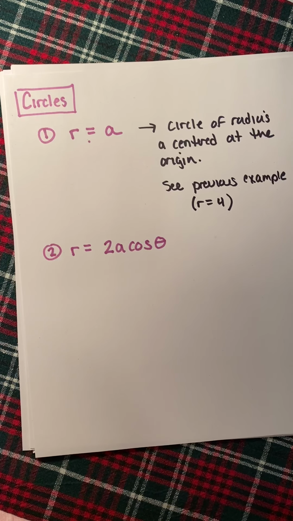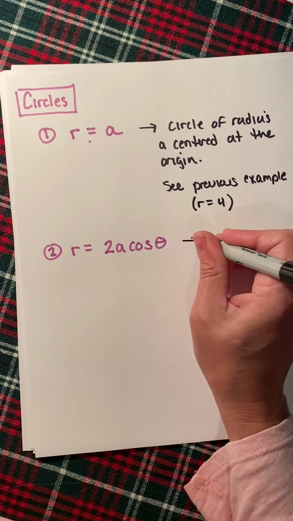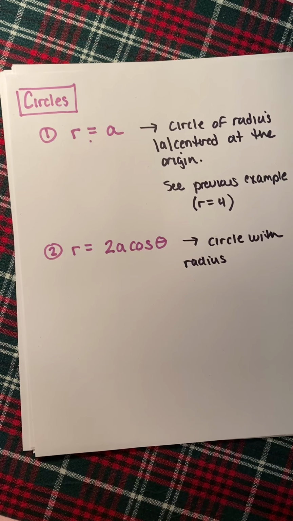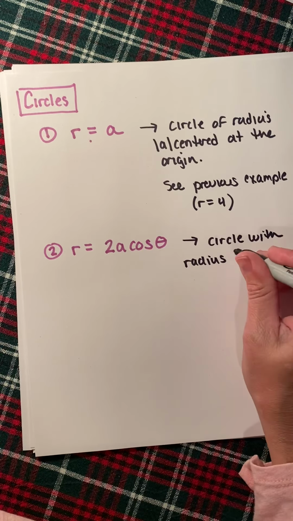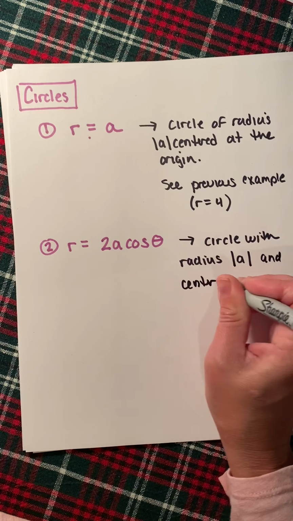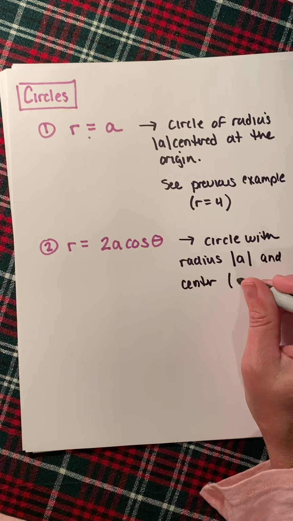If we have r equals 2a cosine theta, we actually did one of these. This is also a circle. Circle with radius, I should say radius absolute value of a, because when we talk about the radius of a circle, we always talk about the radius being positive. So this is going to be a circle with radius absolute value of a, even though there is the 2 there. And the center is going to be whatever the value of a is on the x-axis and 0 on the y-axis.